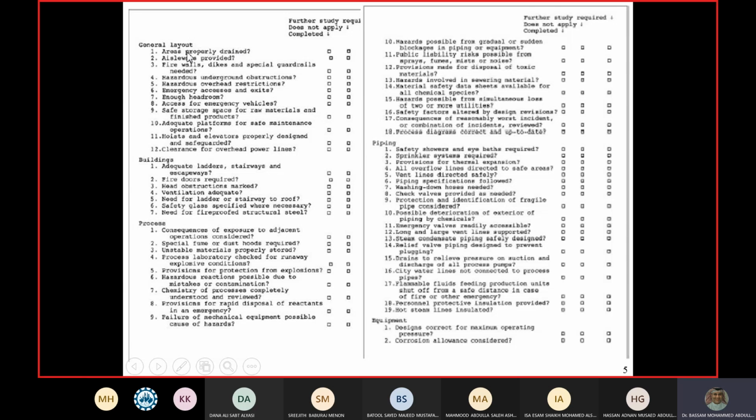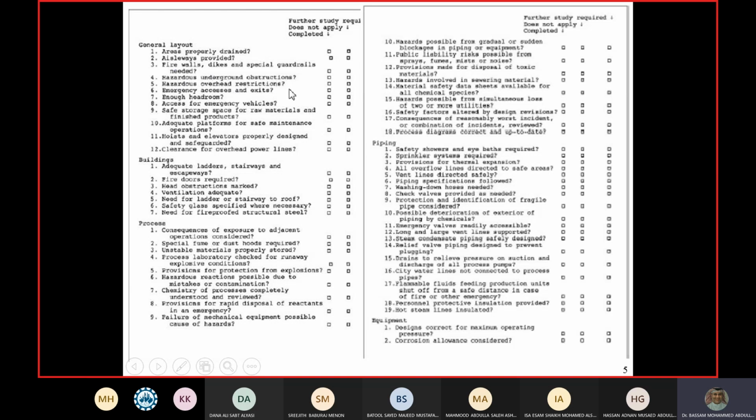And so the safety person goes with his checklist, and he goes through the general layout, and he looks at whether the areas are properly drained, whether there is a place to pass through, firewalls, hazards, underground obstruction.